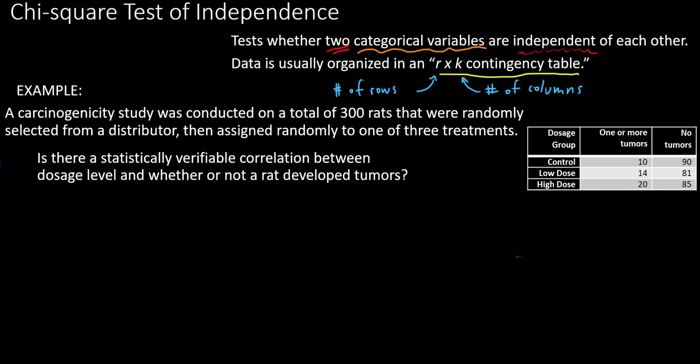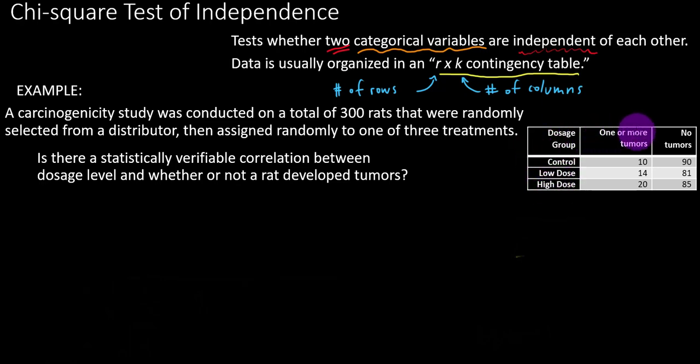So, is there a statistically verifiable correlation between the dosage level and whether or not a rat developed tumors? Before we go crunching numbers and defining our null and alternative hypotheses, let's just consider the type of data that is presented here. There are two categorical variables. We've got the dosage amount, and there are three categories in that variable.